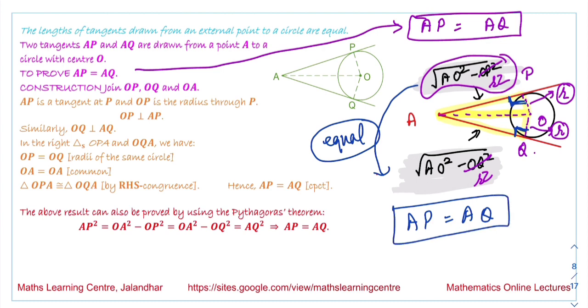Now this result we can also prove by using the congruence conditions. We consider the triangles OPA and OQA.